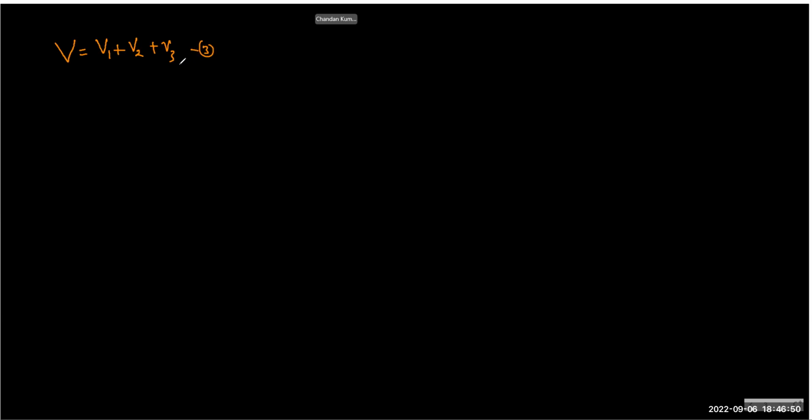The next part is what we are trying to achieve. We are trying to achieve the net, or you can say equivalent capacitance. What is the meaning of finding the equivalent capacitance? How many capacitors can we replace by one capacitor to get the same result?